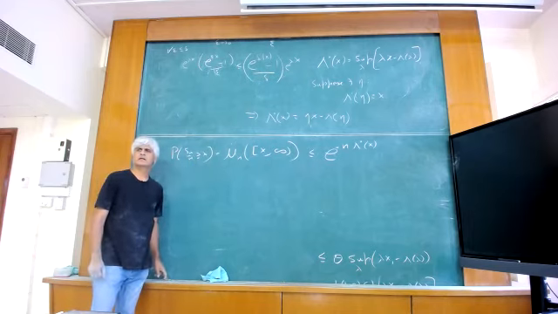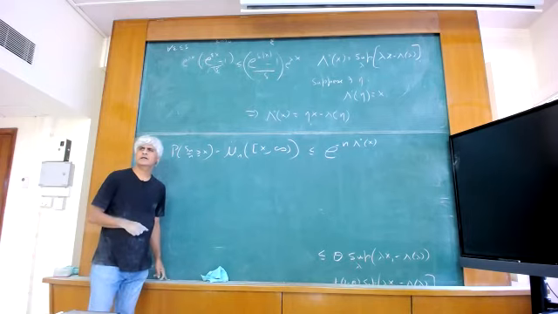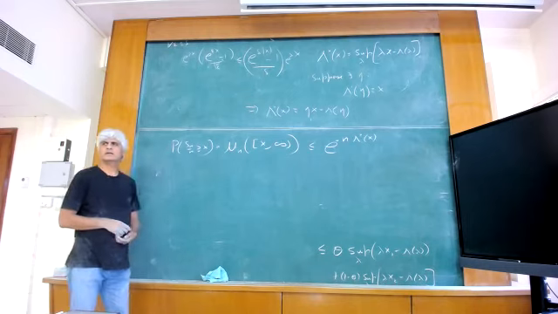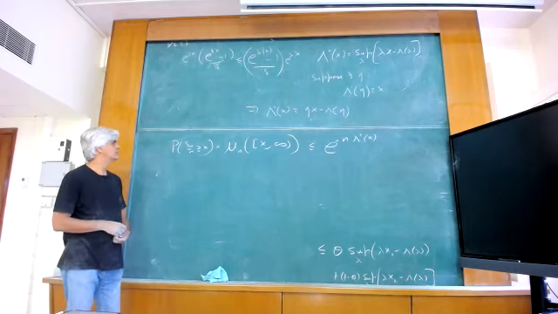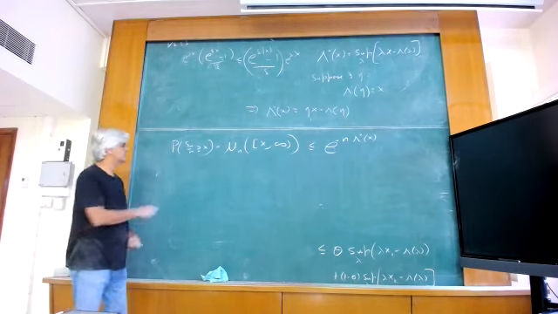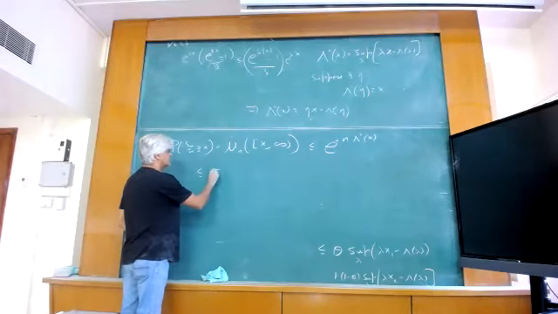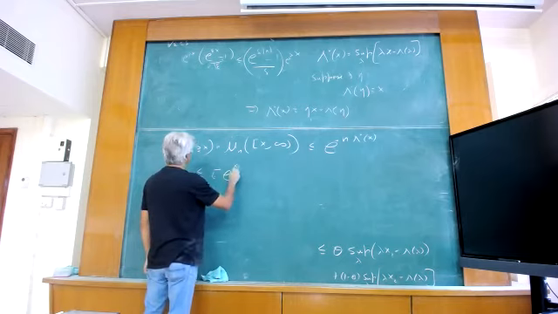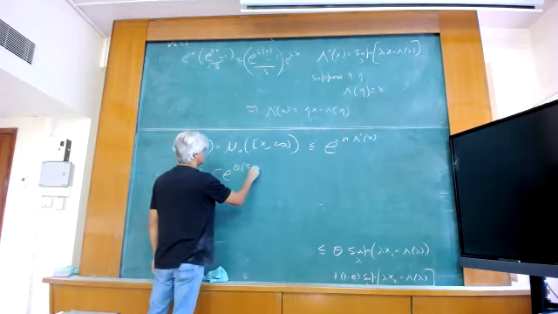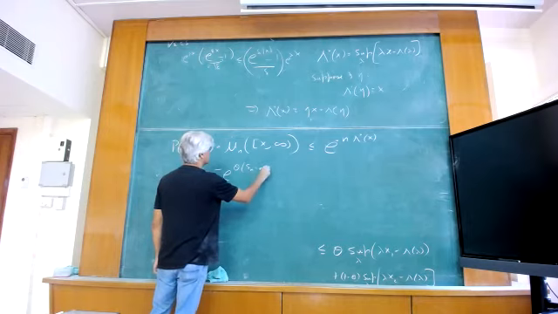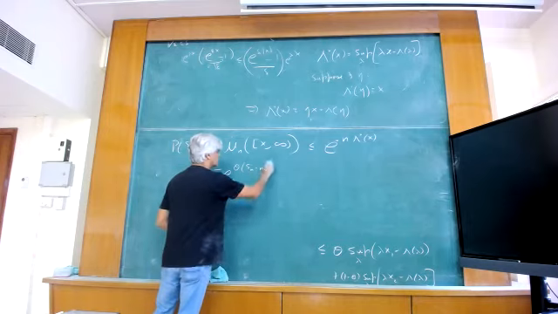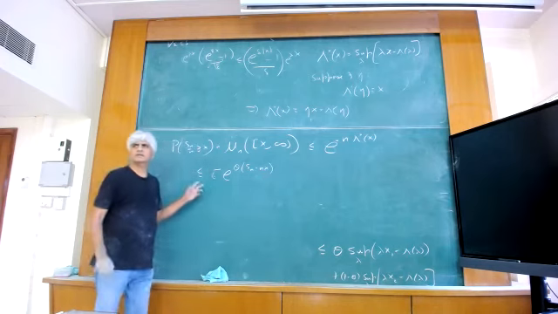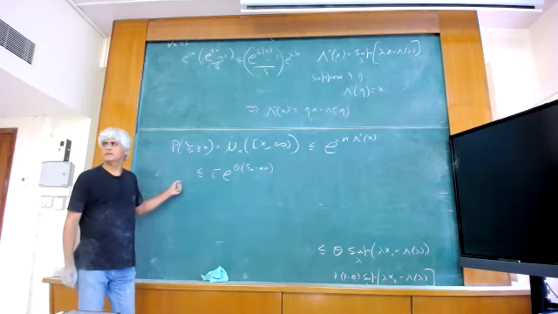So the probability that S_n/n is greater than or equal to x equals the probability that exp(θ S_n) is greater than or equal to exp(θ n x).